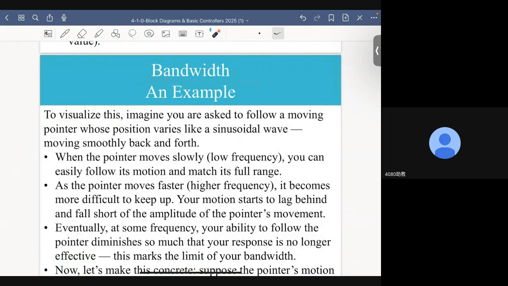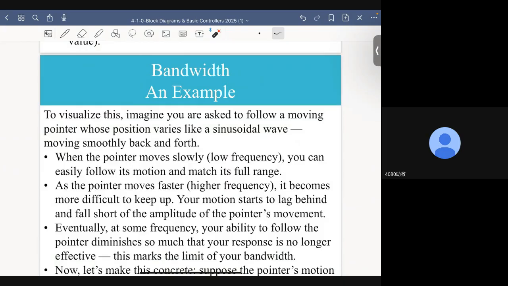Imagine you are asked to follow a moving pointer whose position varies like a sinusoidal wave, moving smoothly back and forth. If I am asked to do that, I need to move my body to follow the motion of the pointer, for example, from this end to this end.